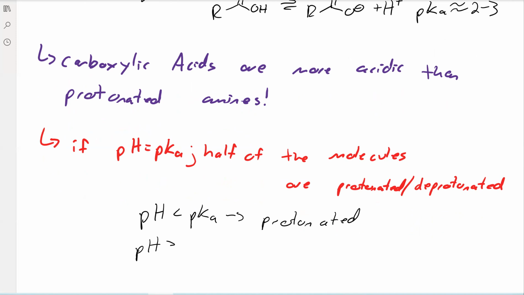If your pH is greater than your pKa, and remember a high pH means more basic conditions, that means that your compounds are going to be deprotonated. And remember that protonated means that we add an H+, so generally protonated compounds are more positively charged, whereas deprotonated compounds, we're taking away an H+, so they're generally more negatively charged.